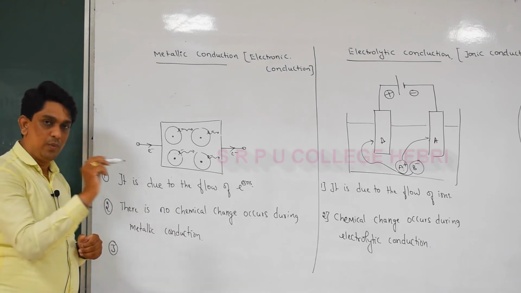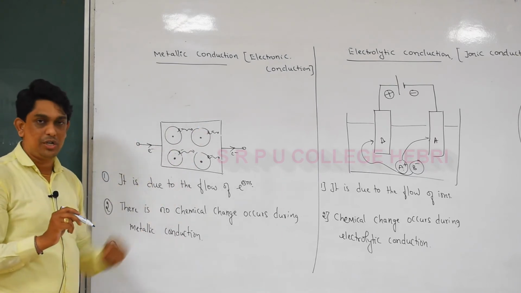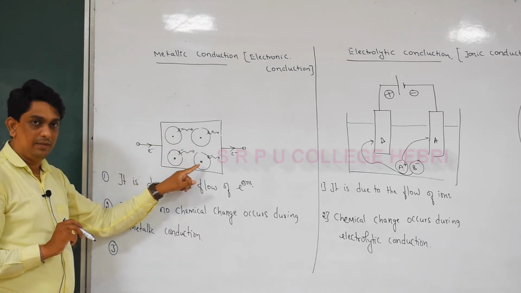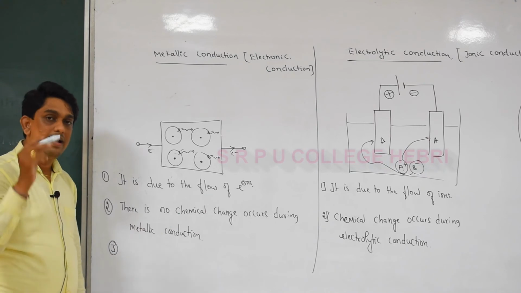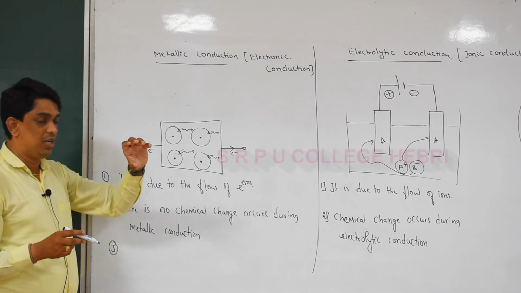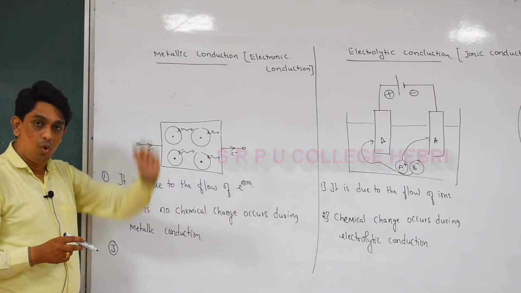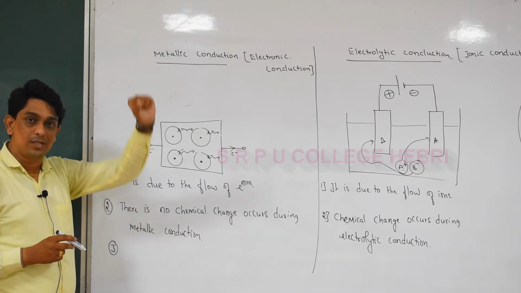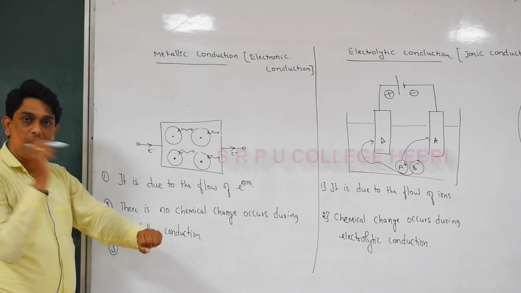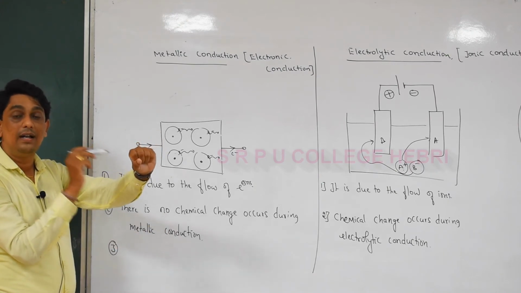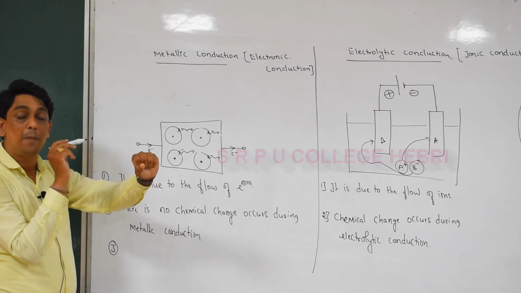Electrons are flowing across the metal sheet. You know that positive ions are also present. Now exactly what happens as you increase the temperature: these ions' vibration becomes more, their oscillation becomes more. You can see the electron flowing now has more and more obstacles, more and more obstruction.